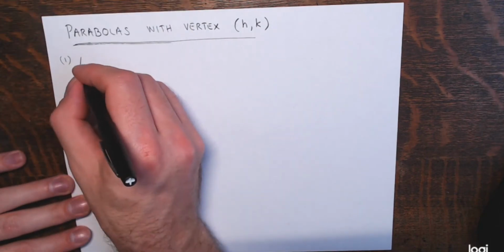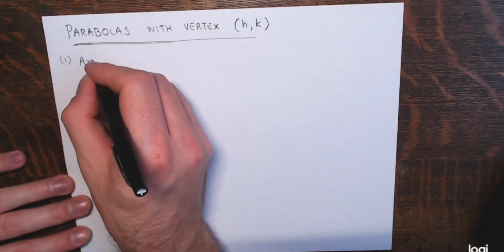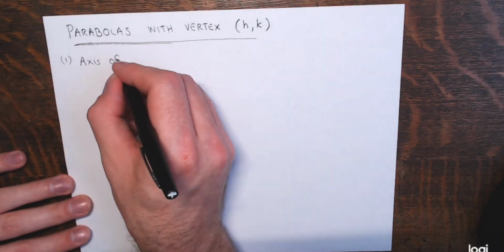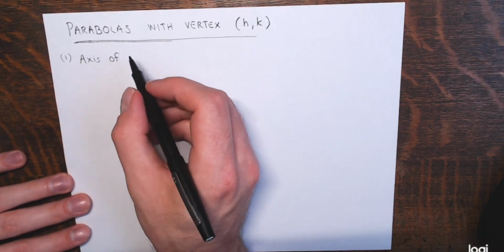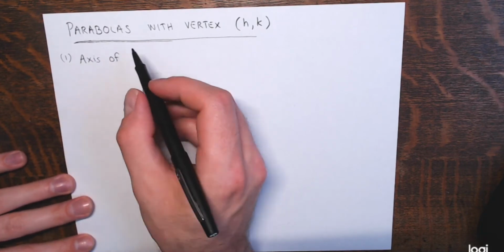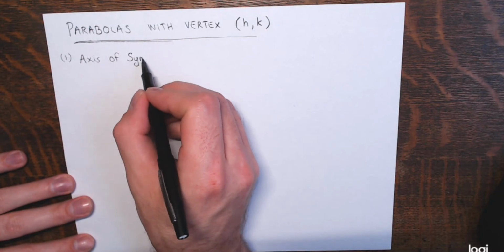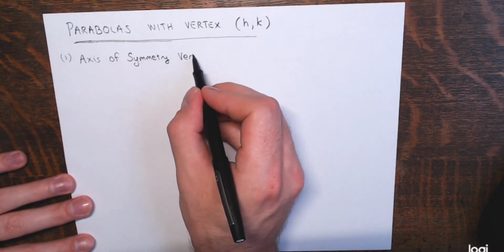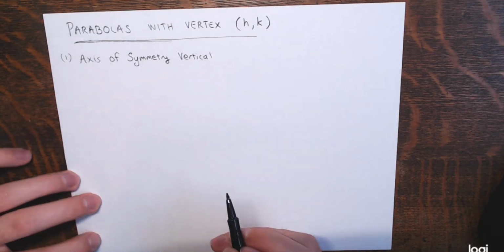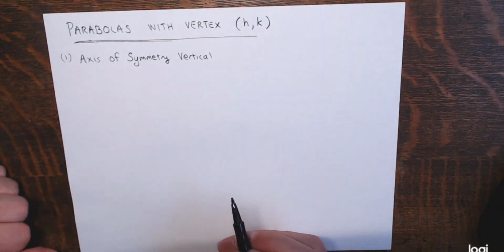One where the axis of symmetry is vertical, that line containing the focus and vertex that cuts the parabola in half. So one where the axis of symmetry is vertical or parallel to the y-axis.